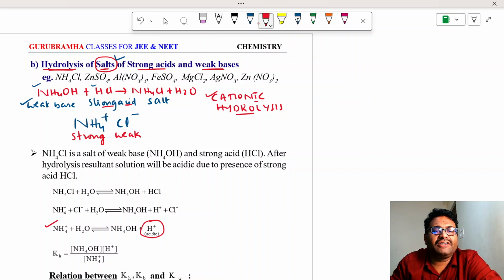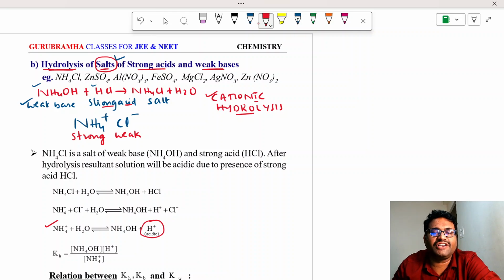Does hydrolysis occur here? Yes, it occurs here. Which part of the salt reacts with water? The cation part will react with water. That is the reason why it is called cationic hydrolysis. So this cationic hydrolysis results in what nature of the solution?